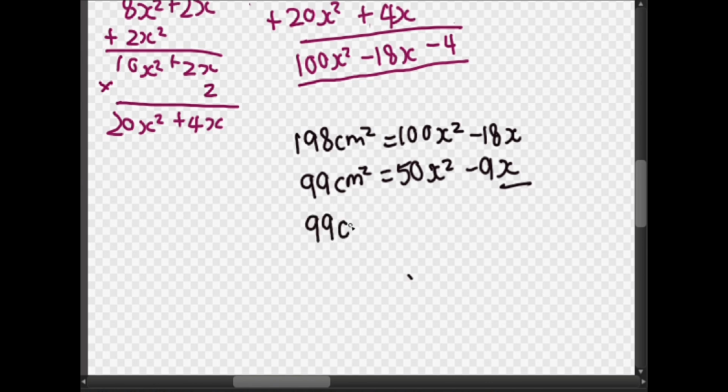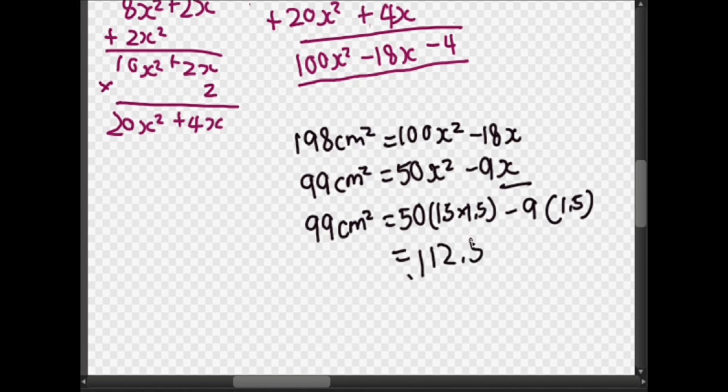So 99 cm squared equals 50 times 1.5 times 1.5 minus 9 times 1.5, which is 112.5 minus 13.5, which does equal 99. So we know that x equals 1.5 cm.